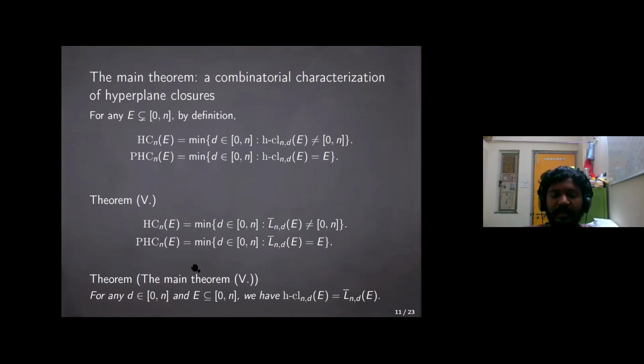The hyperplane closures are characterized by the operators L bar because we have essentially seen an outline of the proof. An iterated application of L gives us the hyperplane closure, although not the full proof. And this characterization enables us to get the final statement, right? This characterizes the two numbers combinatorially in terms of the operator L bar D.